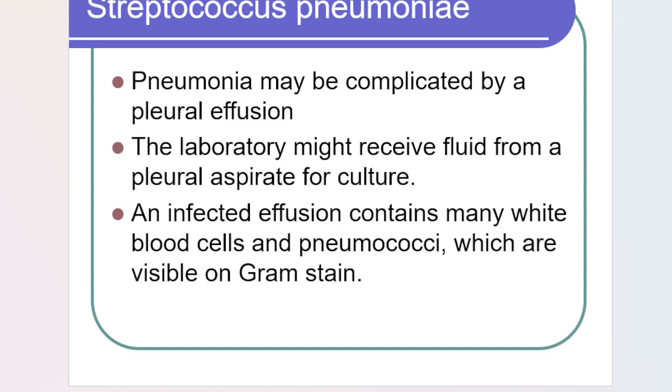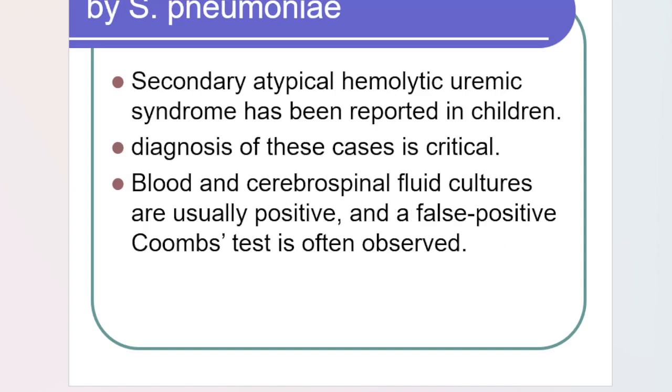So, if in the gram staining, it contains many white blood cells and pneumococci, which is visible in the gram stain, that is a possible presumptive identification. Okay? Mga gram-positive diplococci. So, that is presumptive ID na maraming white blood cells. Pero that is not definitive.